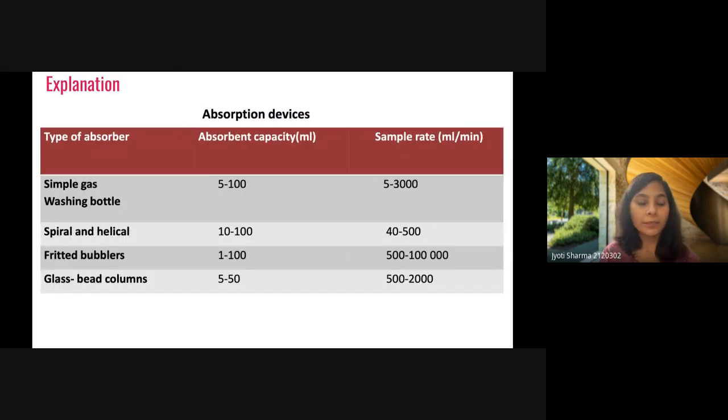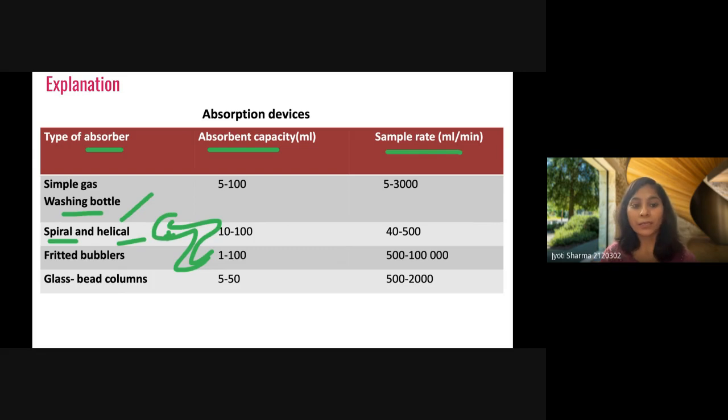And just see here, we have different kinds of absorbers. We can have a very simple gas washing bottle, as we already mentioned. You have to see here that there is a different capacity for each absorber, and we have to maintain the sample rate as well, that is, how many ml of air is coming per minute. We may have spiral or helical ones, which increase the air contact and make the air strike the surface so that absorption may increase.